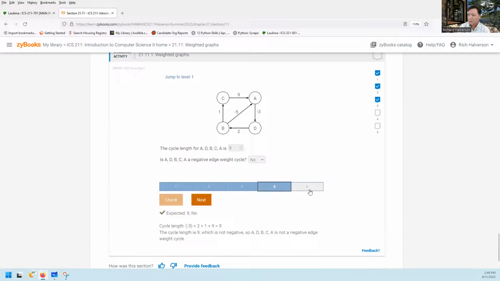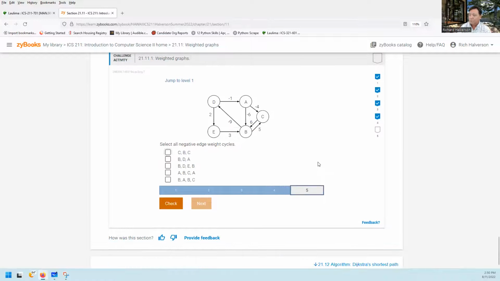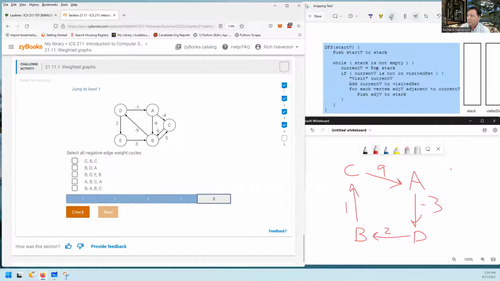Okay, check. Oh, okay. All right. Oh, one more. Okay, what's this one? Select all the negative edge weight cycles. Okay. Is C, let's see.